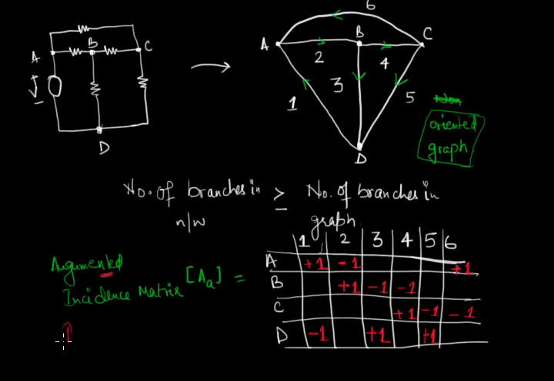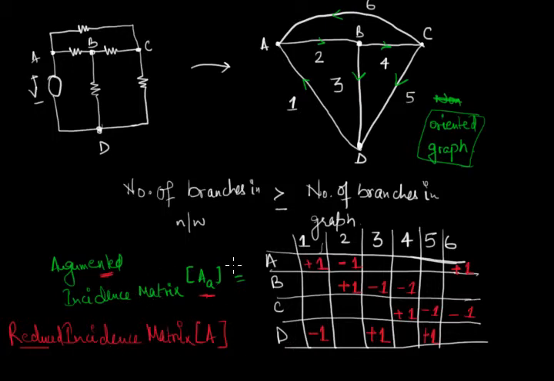Now there is one more matrix called the incidence matrix. The augmented incidence matrix is denoted as A, and the incidence matrix is denoted as A only, or in general terms we also call it the reduced incidence matrix, because we reduce a row from the augmented incidence matrix to form this incidence matrix.